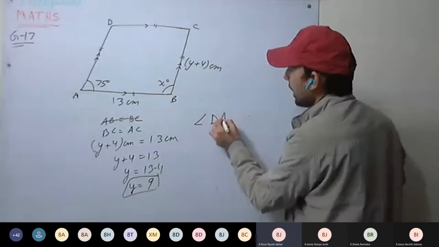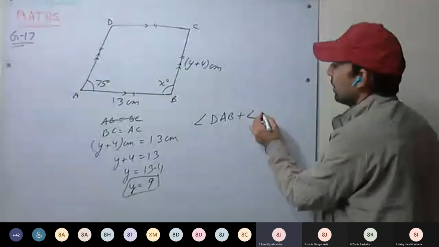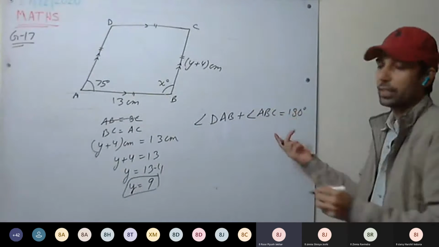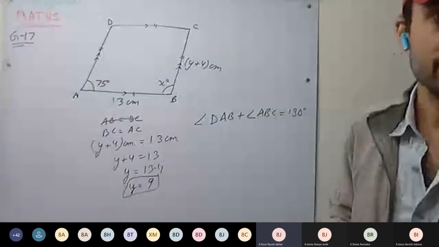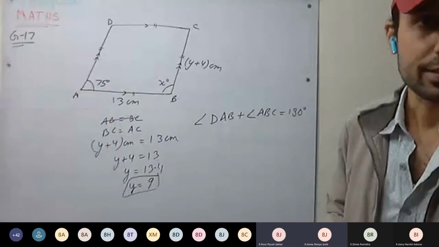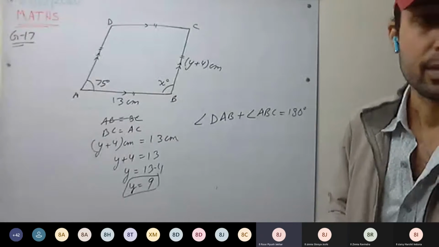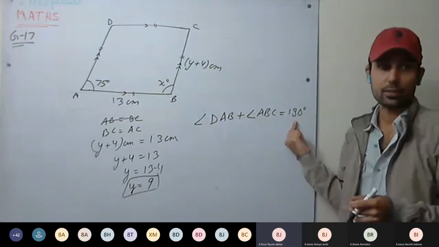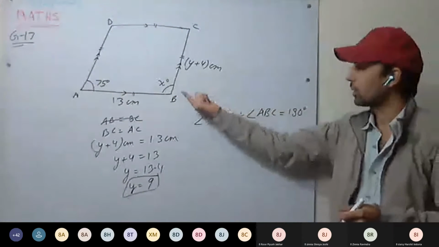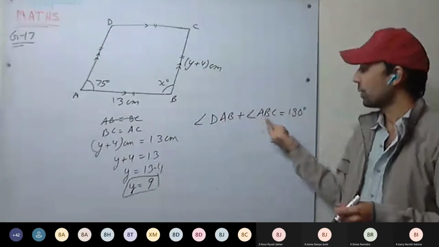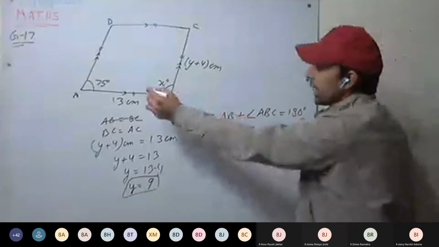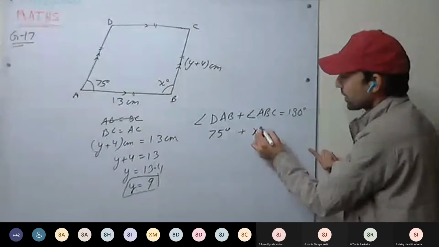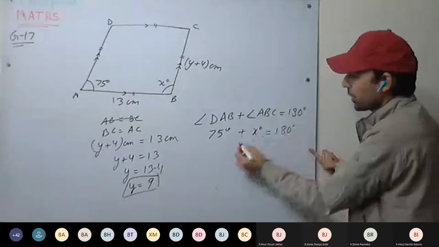Angle DAB plus angle ABC, their sum is 180 degree, because these two angles are supplementary. Adjacent angles in rhombus are supplementary. Same property as that of parallelogram. It's a parallelogram. So angle DAB plus angle ABC equal to 180 degree. Angle DAB is 75 degree. Angle ABC is X degree. Now we can calculate X degree.